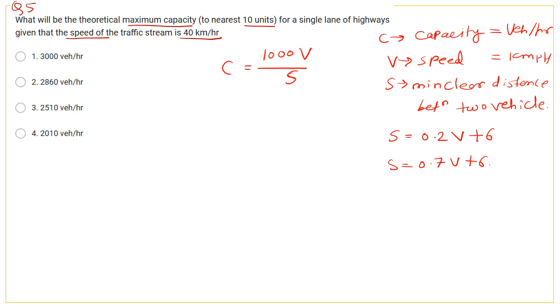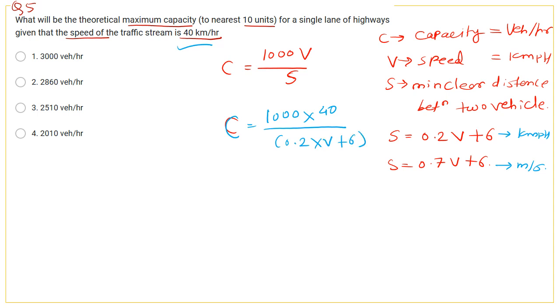Then put the given values into this formula. C = 1000 times V, which is 40, divided by S. Here the 40 is given in kilometers per hour, so this formula is for kmph and the other formula is for meters per second. So S = 0.2 times V plus 6.